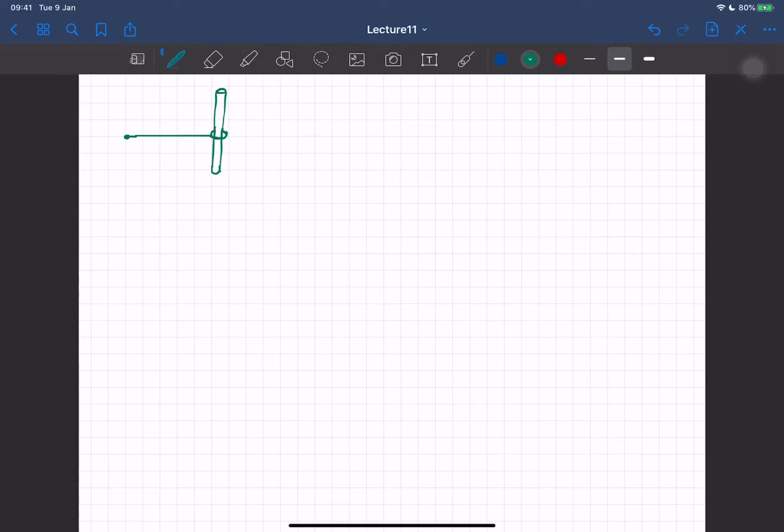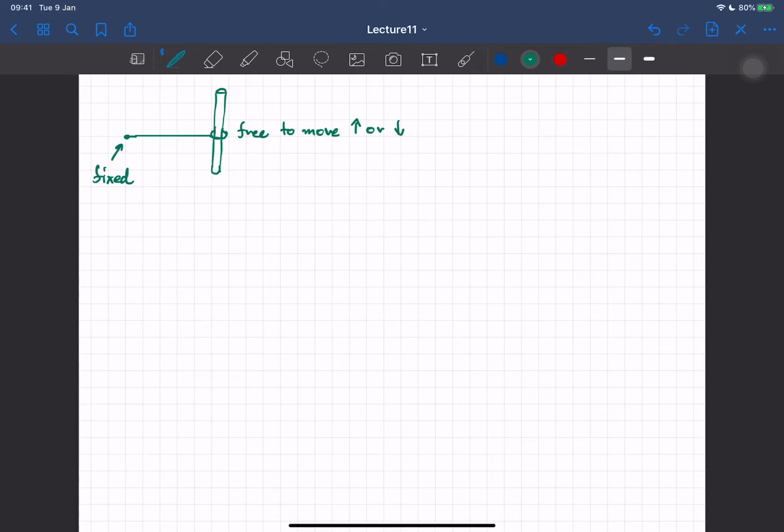So you're fixing it horizontally. It cannot move horizontally, but it can move up and down. So it's free to move up and down. And this one is still fixed.